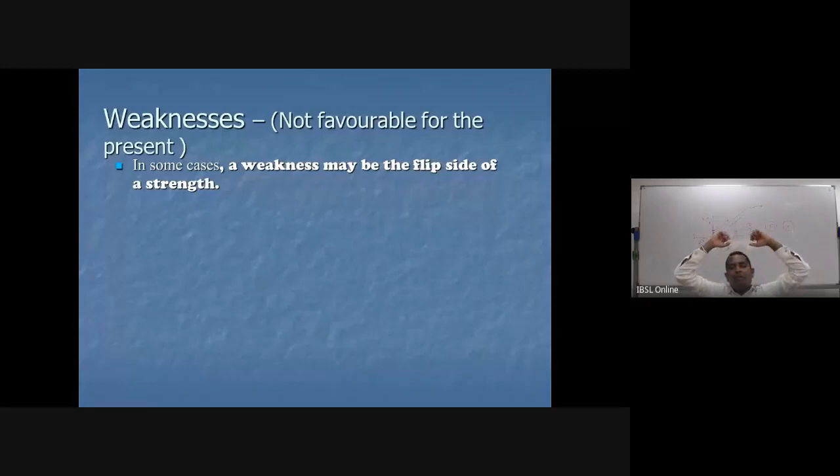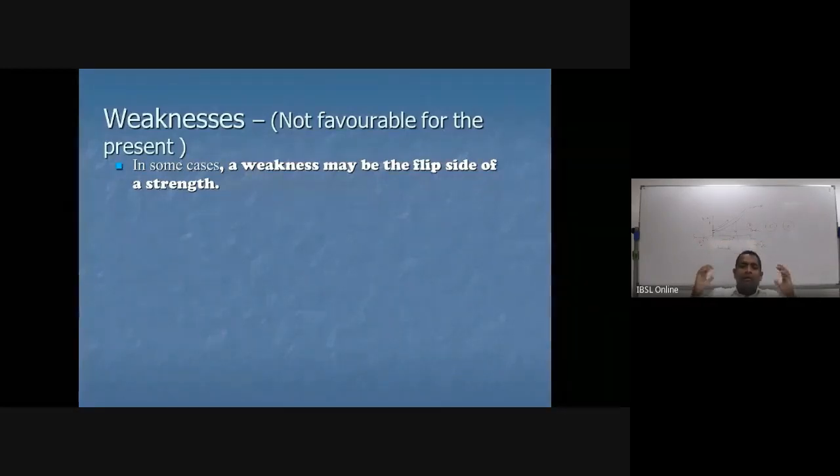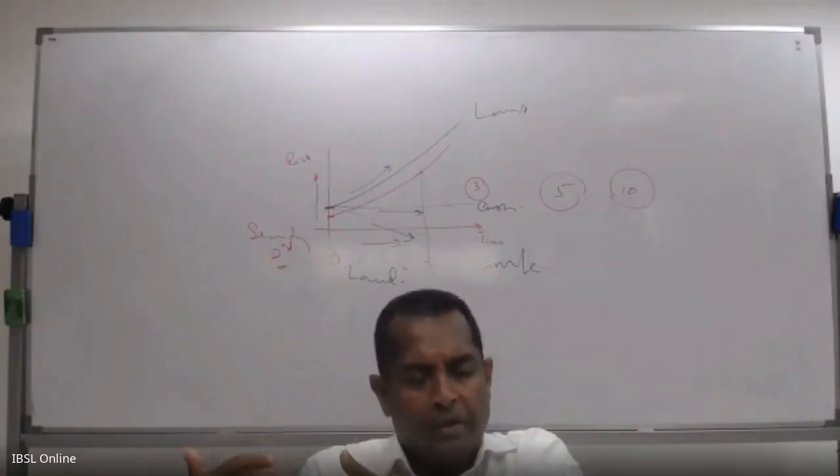I have huge machinery with all success. Risk is what? You may not get experienced people. Right? So, strengths and weaknesses. Flip side of the strength is the weakness.